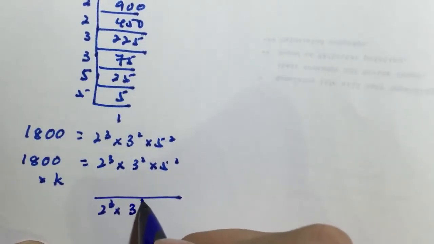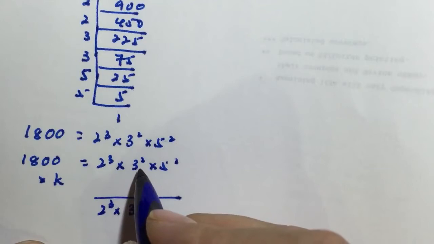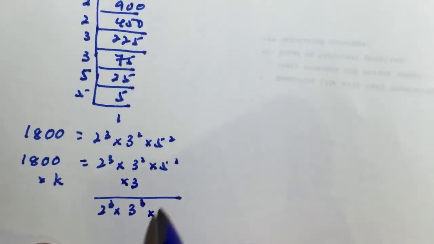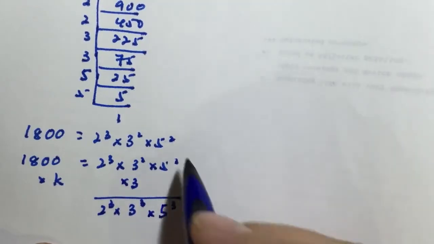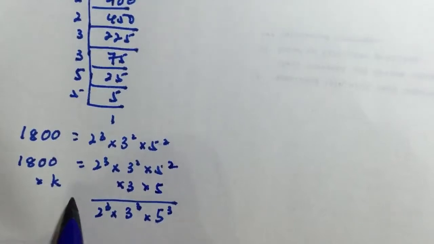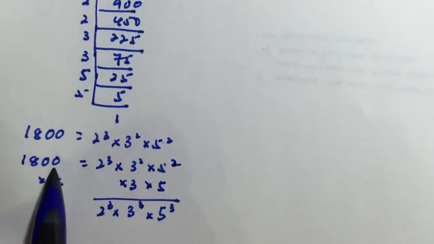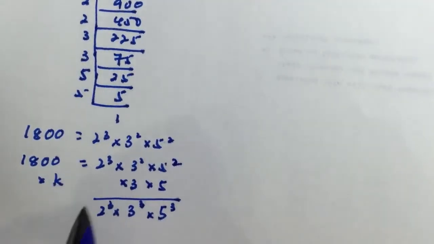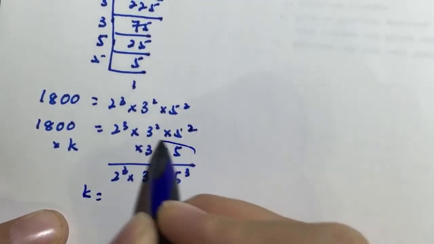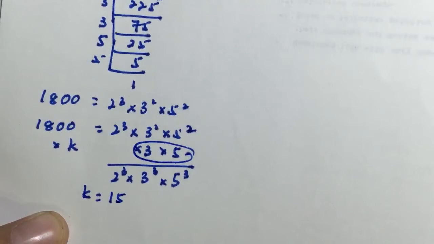I need 3 cubed, but I don't have enough 3s, so I need 1 more of it. Same goes for the 5. I need 5 cubed. Currently I only have 5 squared, so I need 1 more. So in this case, when I take 1800 multiplied by k, it will end up with a cube number. And what is k? k is equal to 15.